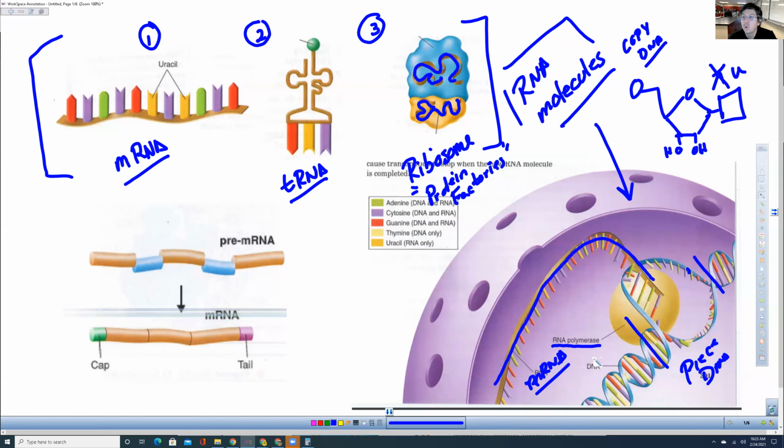Now, who can tell me what's going to happen to this mRNA before it leaves the nucleus? What has to happen to it? We talked about it yesterday.